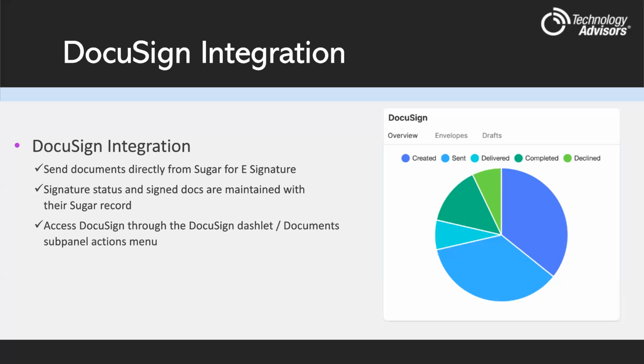And you can even continue to manage your existing envelopes in there as well. One huge thing to remember with this 12 release is that if you previously have your old Docusign integration add-on, that no longer works. So you would have to integrate with this new Docusign integration within Sugar. So that's the biggest change there.